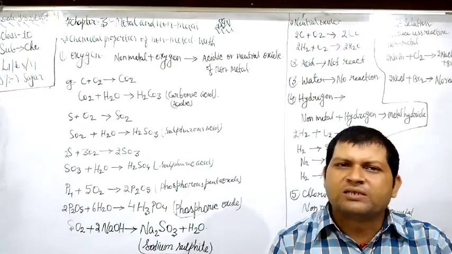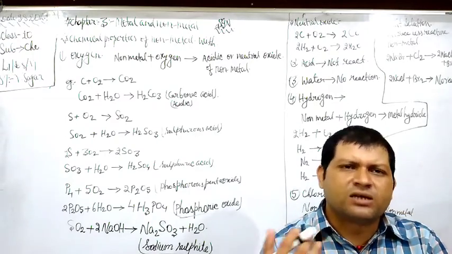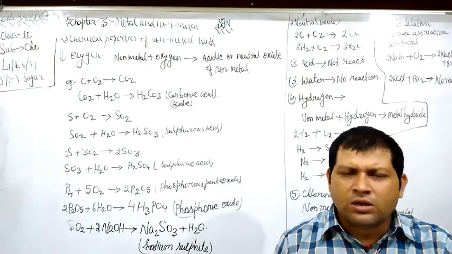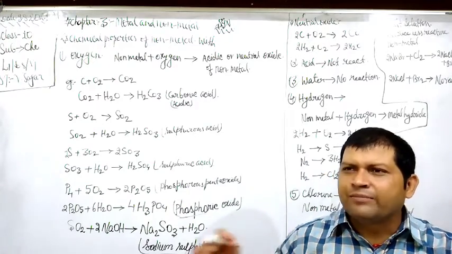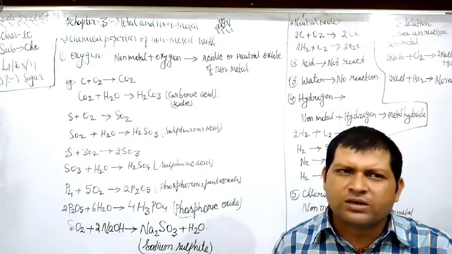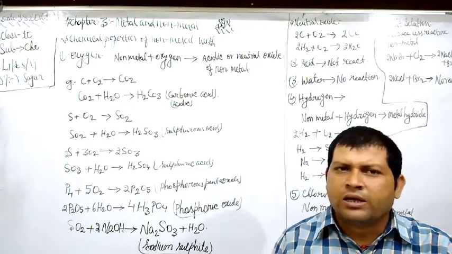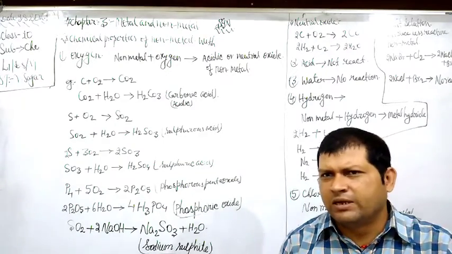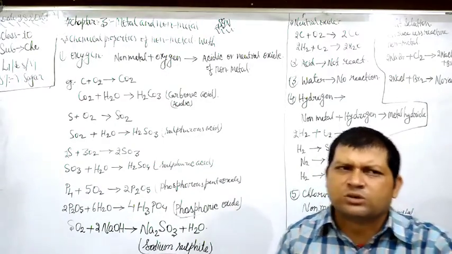So the valency of nonmetals becomes either 3, 2 or 1. For it, they have to combine with other elements, and the reaction takes place and it completes its octet.